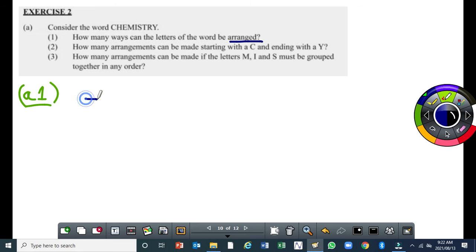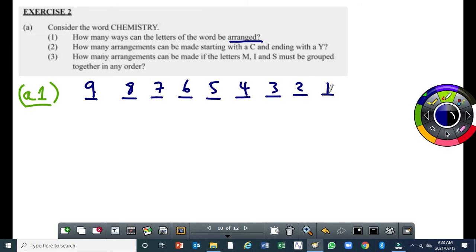If we are going to arrange them without any repetition, it means the first position can be taken by all 9. The second it will be 8, then 7, 6, 5, 4, 3, 2, 1, which is the same as 9 factorial. Right? So the number of ways will be equal to 9 factorial.